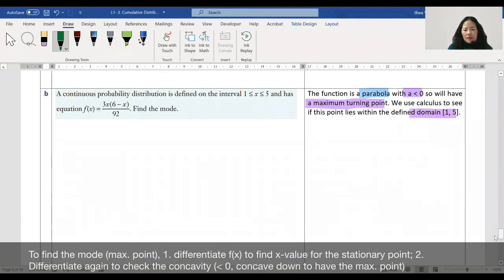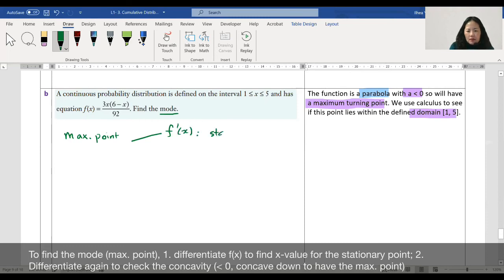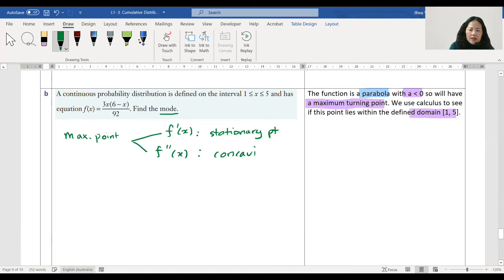Now, this is the part that we have to think about. Because mode is the maximum point, we need to find f dash x, which gives the stationary point. And then we have to do the second derivative for concavity to find out maximum or minimum, wasn't it? If it was positive, concave up gives us a minimum point.